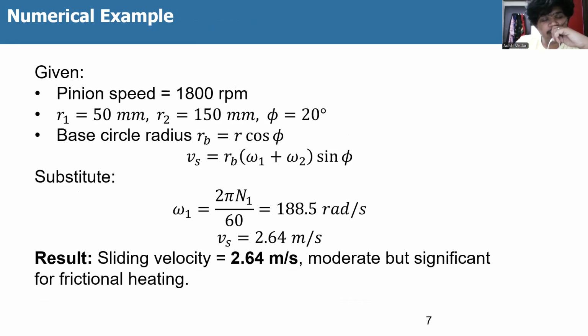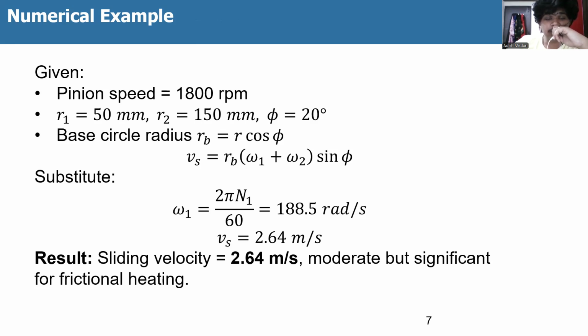This is a numerical example. Given pinion speed 1800 rpm, R1 equals 50 mm, R2 equals 150 mm, phi equals 20 degrees. Base circle radius Rb equals R cos phi. We need to find Vs. Vs equals Rb (omega 1 plus omega 2) sin phi, where omega 1 is 2 pi n1 by 60.